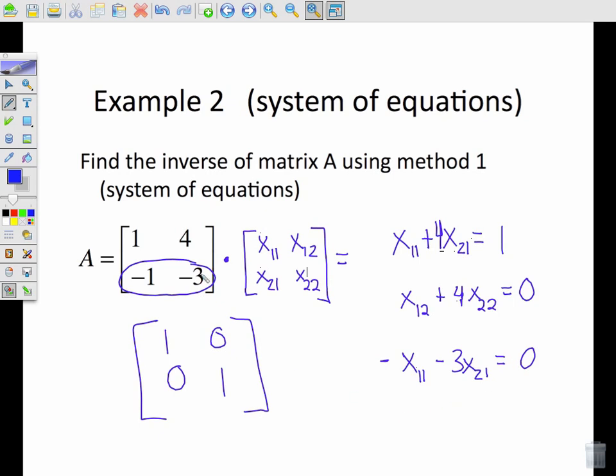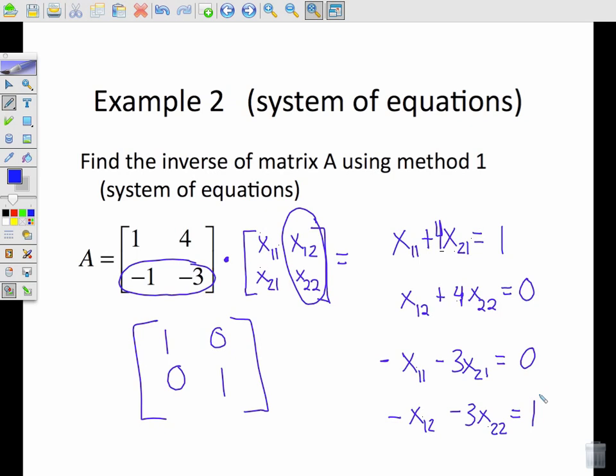And then the last equation would be multiplying by the second column. So negative x subscript 1,2 minus 3x subscript 2,2, and this would have to equal 1.